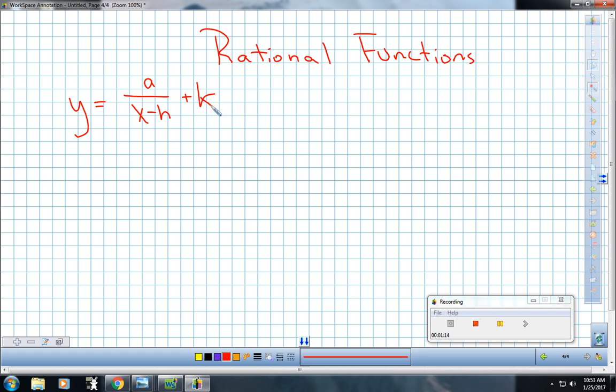HK was either the vertex of a parabola, the vertex of an absolute value, or the center of a circle. Whenever you see HK, it's telling you either the vertex or where something is centered. And the reason this is called a simple rational function is because it's the only way you could write a rational function where it gives you HK.